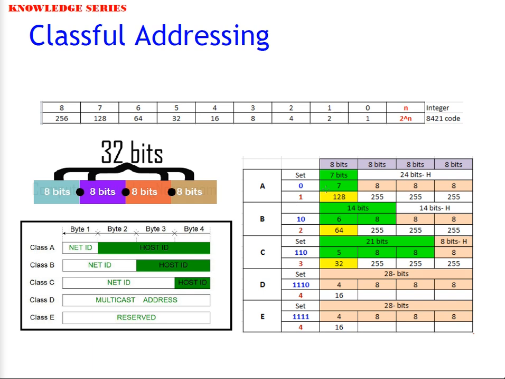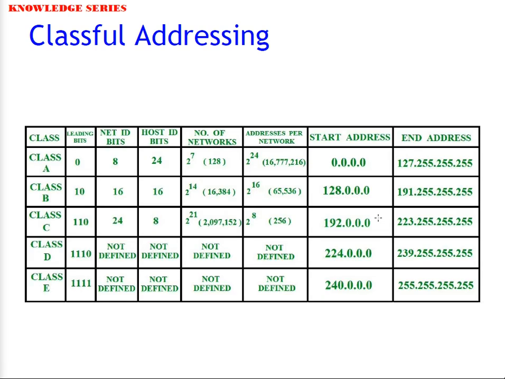Now here, when we try to see, what is class B? It is showing 64. After 128, the next class B range for one section is 64. Another section of 8 bits is going up to 255, that is if n is equal to 8.